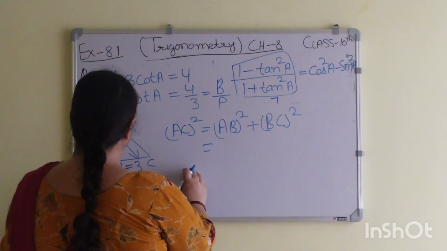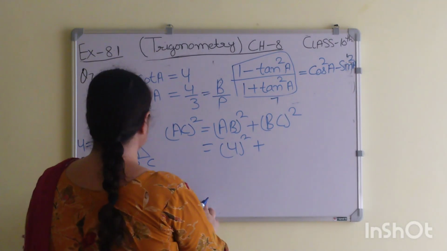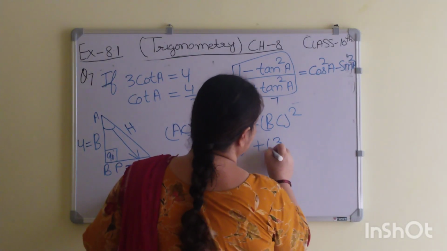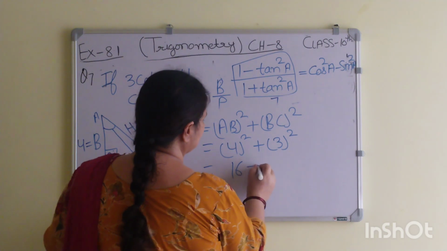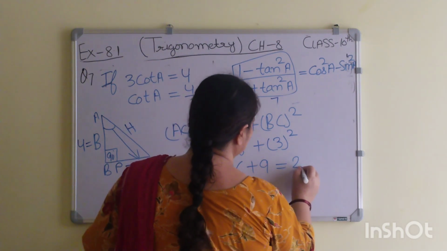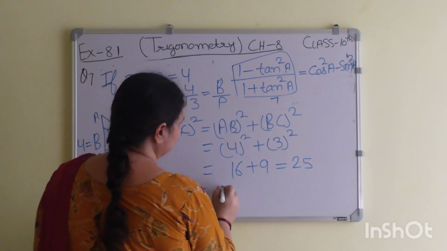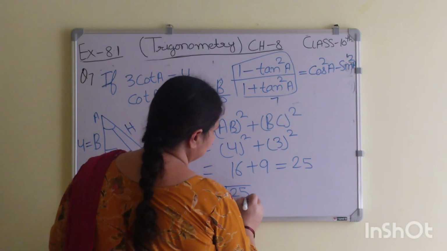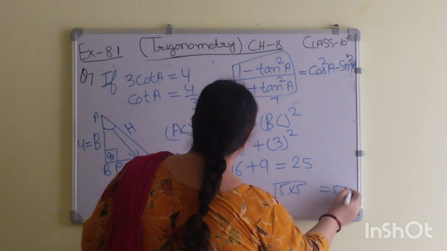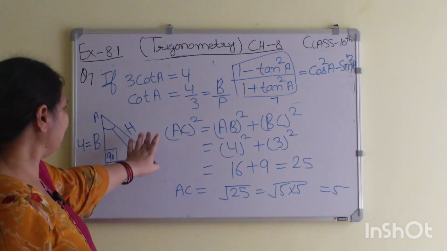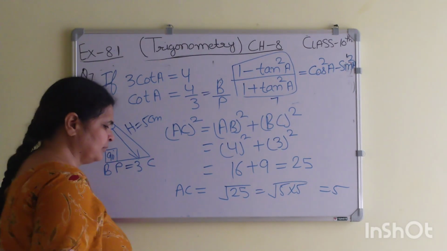AB is 4, BC is 3, so 16 plus 9 is equal to 25, and AC is equal to root 25, which is 5. So hypotenuse is equal to 5 centimeter.